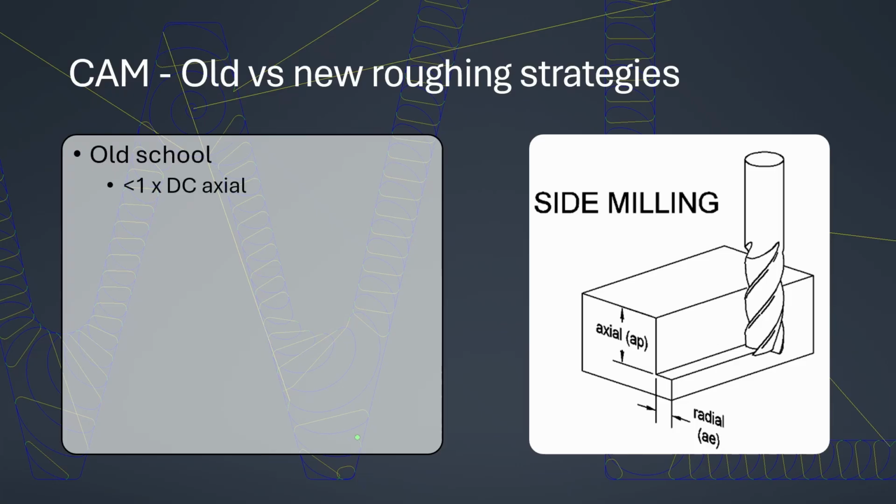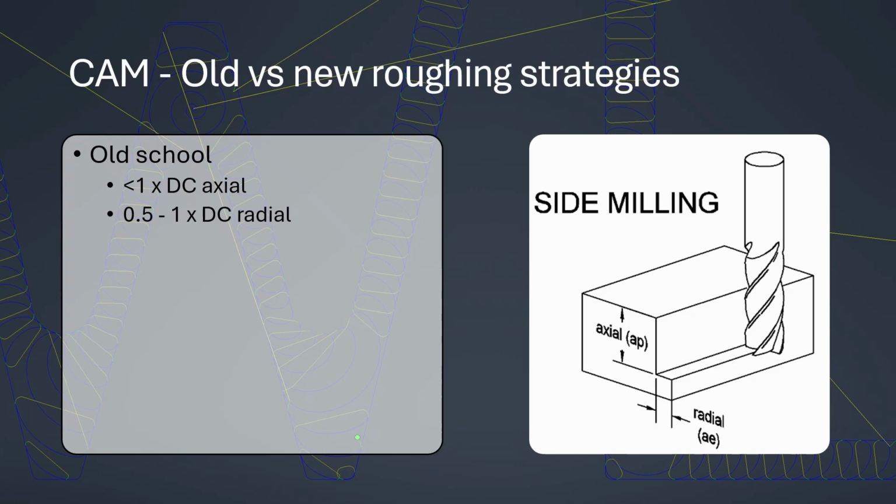When you're doing old school milling, DC is diameter. You're usually not going deeper than 1 times the diameter. So if this was a 10 millimeter end mill, you will not go deeper than 10 millimeters. If you're going a depth that is the diameter, that's considered quite deep, I would say.